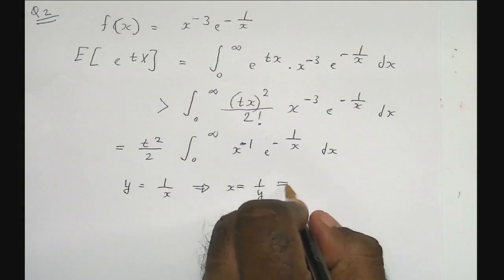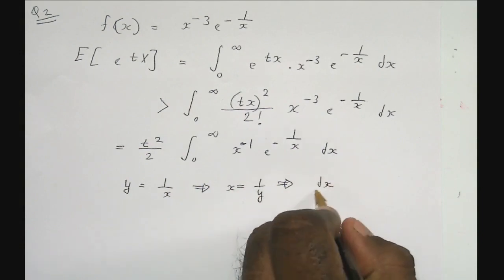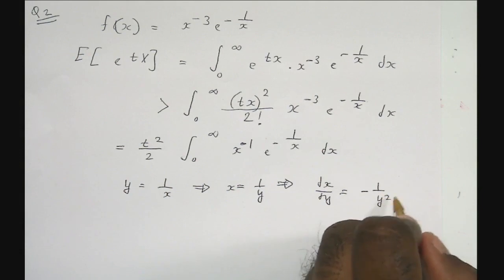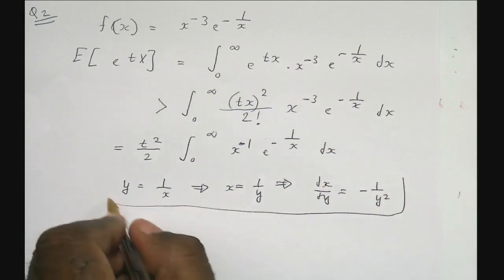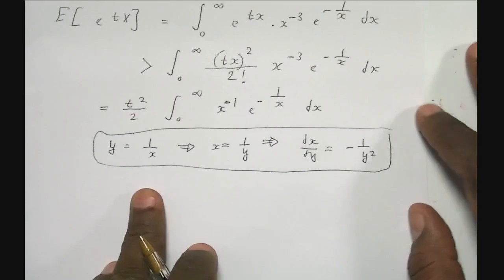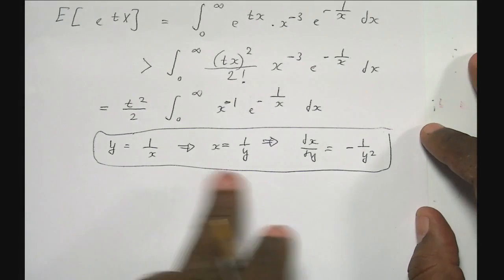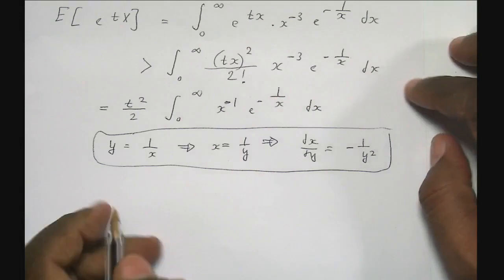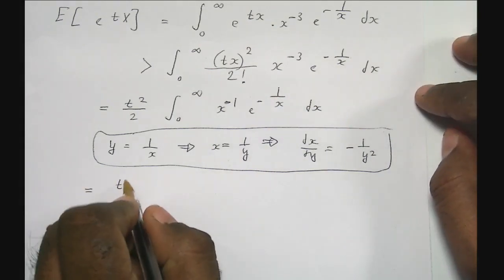So dx by dy, okay. Yeah. So if you make this substitution into this, you will get t squared by 2.